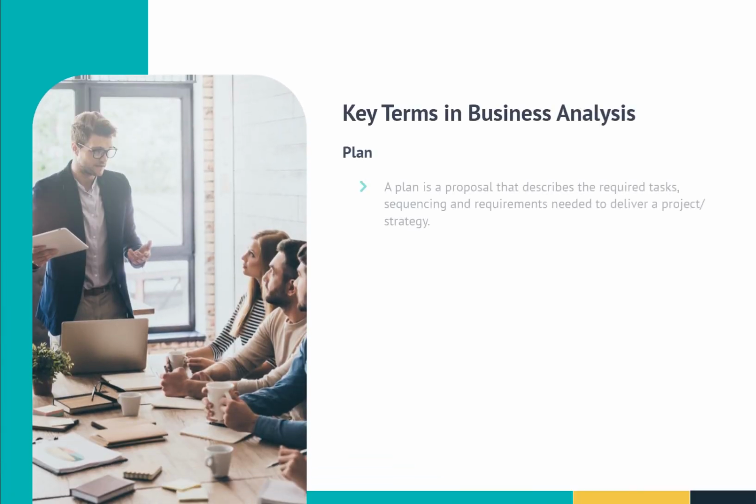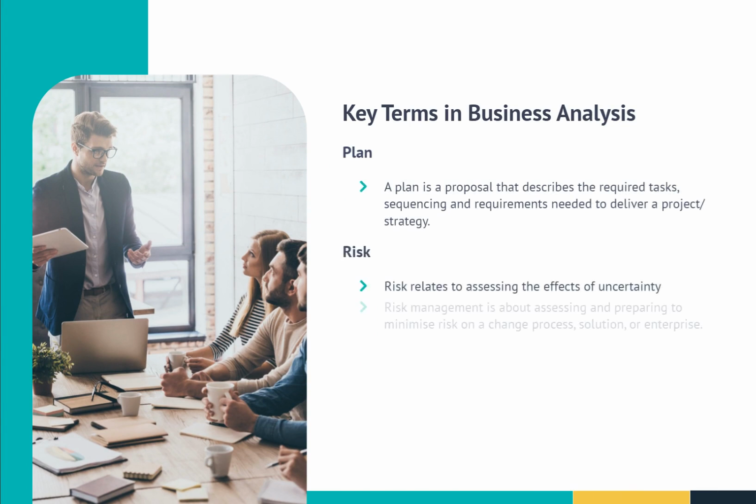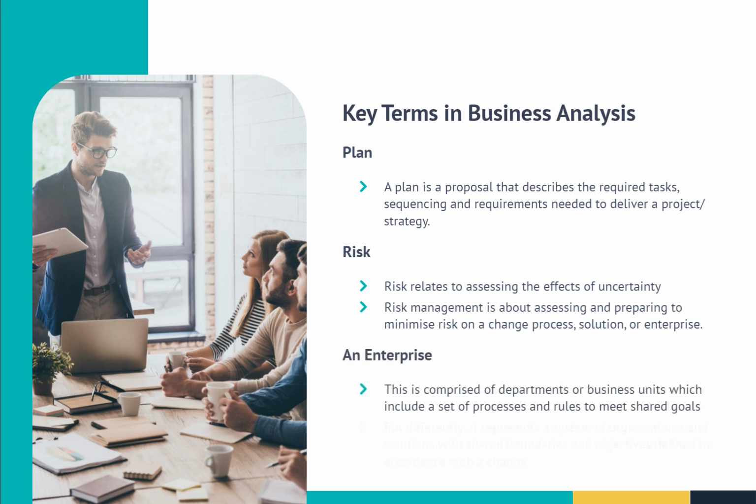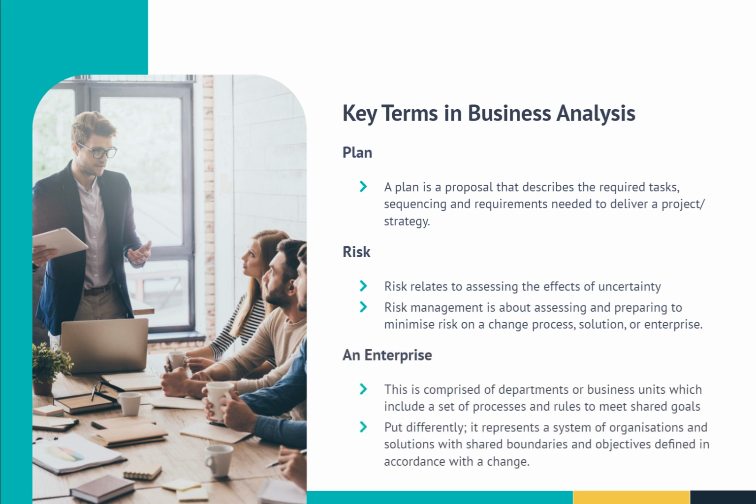Plan. A plan is a proposal that describes the required tasks, sequencing, and requirements needed to deliver a project or strategy. Risk. Risk relates to assessing the effects of uncertainty. Risk management is about assessing and preparing to minimize risk on a change process, solution, or enterprise.